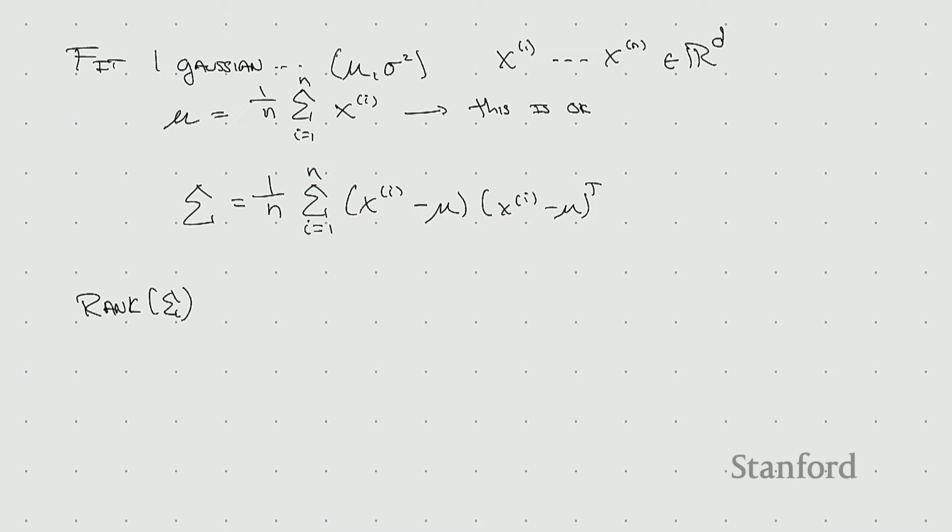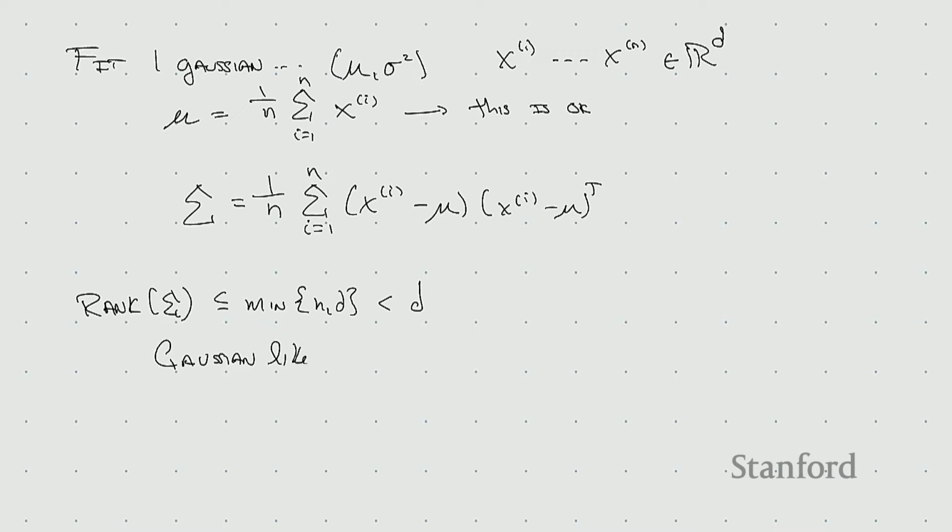And if you remember your linear algebra, that means that the rank here is less than or equal to, which is always true, the minimum of n and d, which in this case is going to be strictly less than d, because n is smaller than d. That's what we're assuming. Okay? So this isn't full rank. So where does that cause us a problem? Well, we have to go back and write our favorite function, the Gaussian likelihood, and see where this causes a problem.